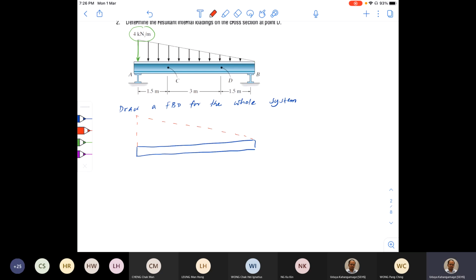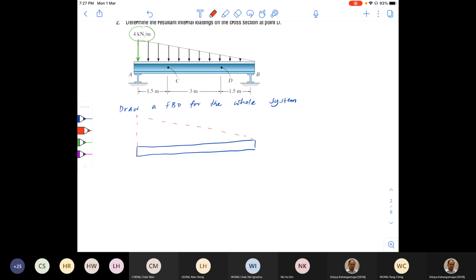So what is the equivalent point force? In place of this distributed load, you are going to introduce a point load. That point load should be applied between A and B at one point.